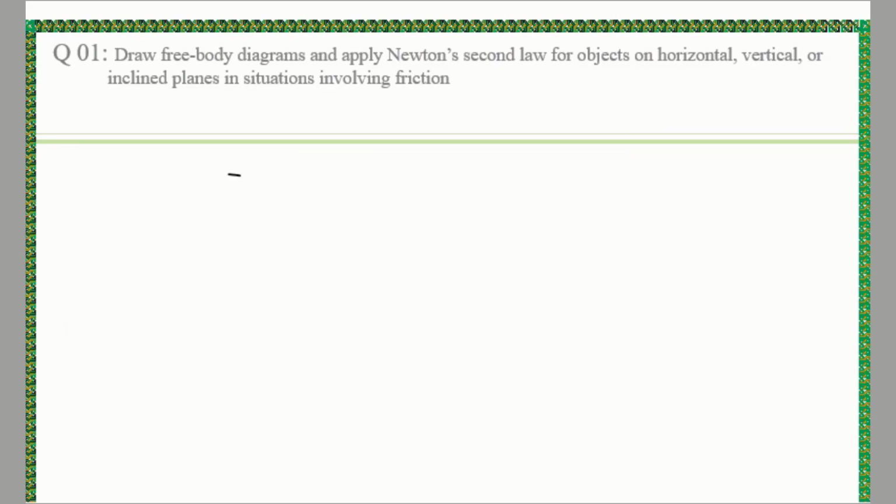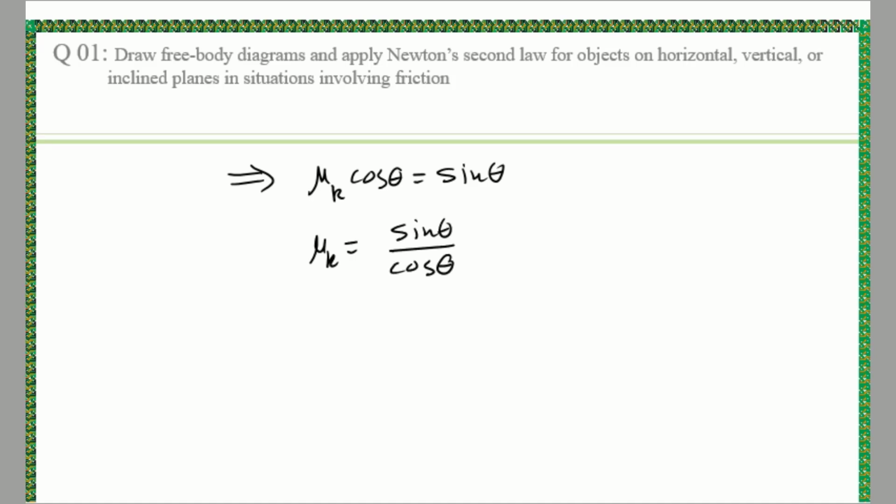Mu k equals sine theta over cosine theta, which is tan theta.